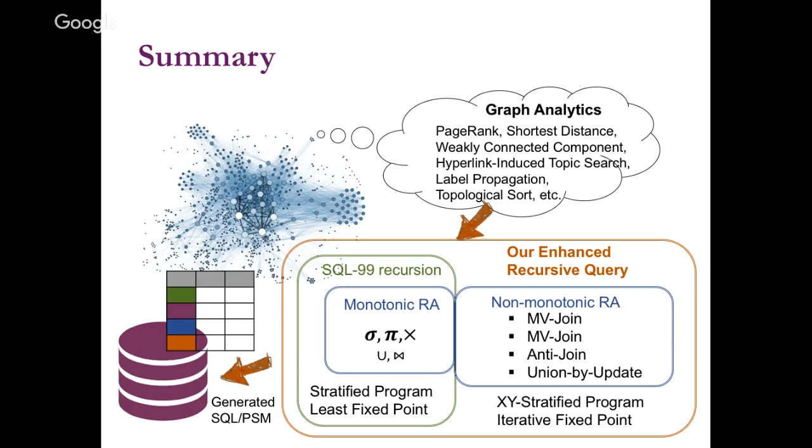In the experimental study, we show that the traditional database system has the capability to do graph computation in reasonable time. So that's all of my presentation. Looking forward to your questions. Thank you.